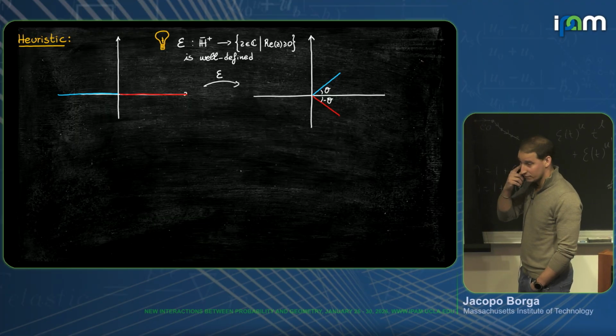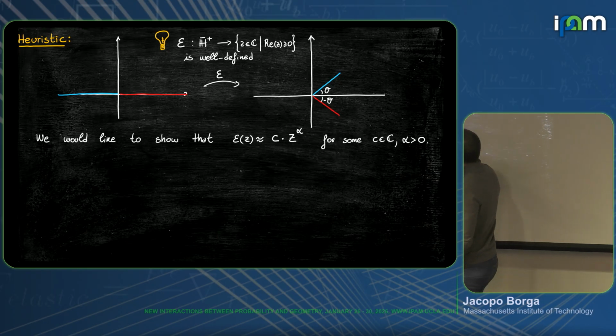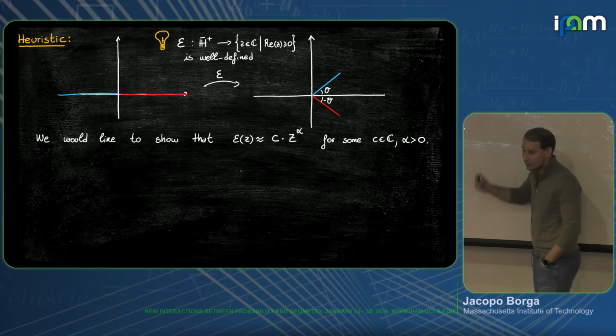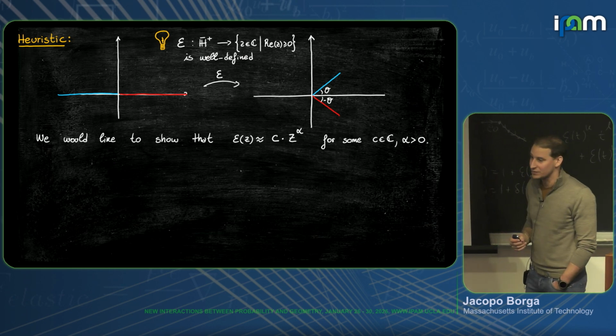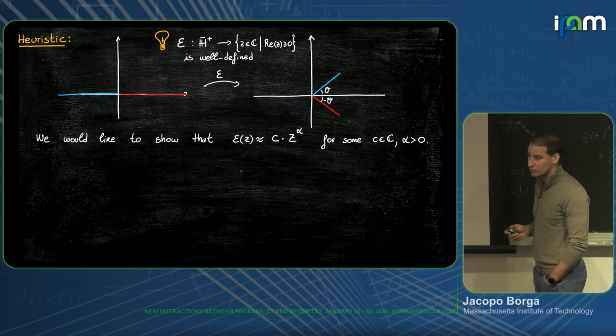This is what we have from the equation. And now remember that our goal, epsilon z is 1 minus g. And our goal is to prove, to run the Tauberian theorem, that more or less this function is some constant times z to the alpha for some alpha greater than 0. This is our goal. Can you do it?